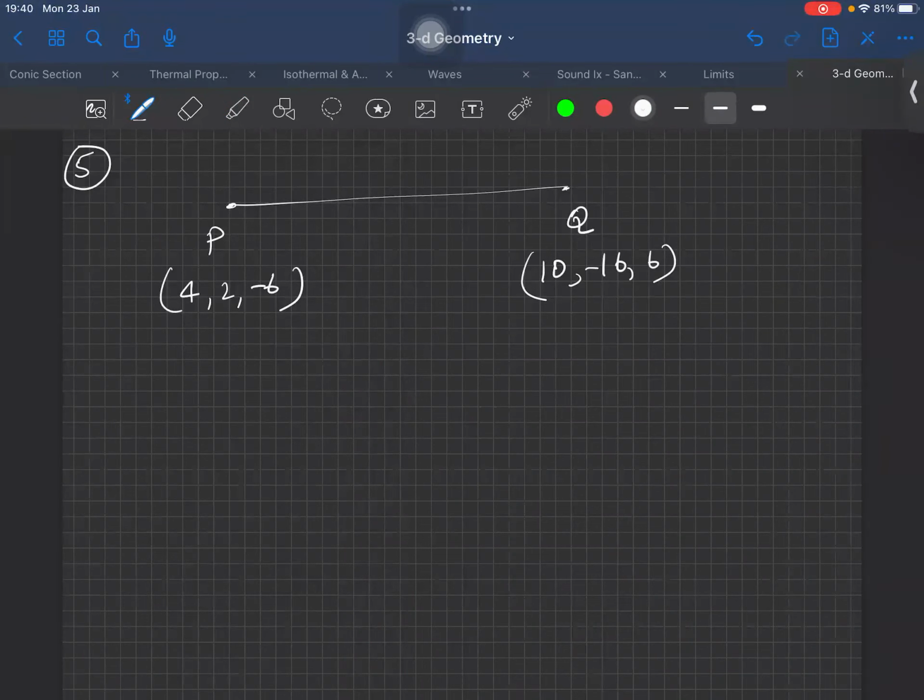So there are 2 points here, let's say A and B. These trisect, that means the ratio is 1:1:1. Okay, so hopefully you can solve this one.